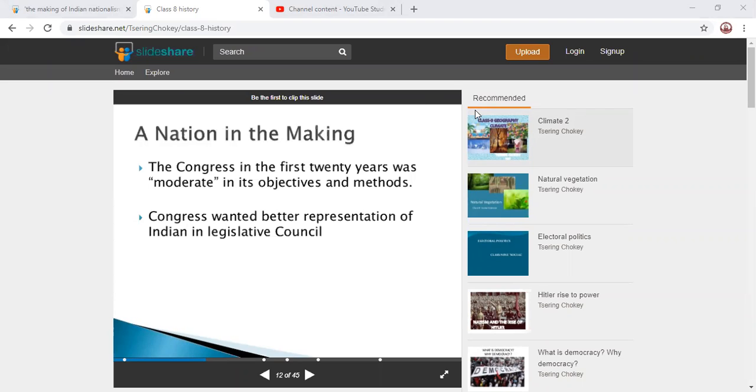The radicals were those who opposed the British policies. Both groups were part of the Congress party, but one group favored British administration as favorable for the country, while the other strongly opposed the British administration and its policies in India.